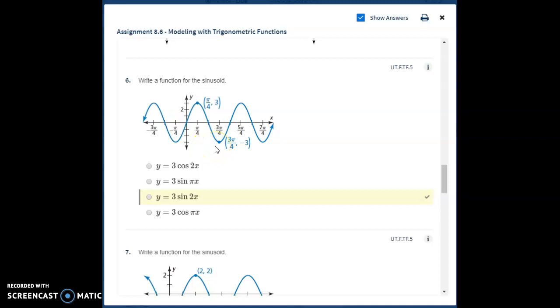Number 6, write a function for this sinusoid. So it starts here at 0, 0, so it's going to be a sine function. It's going to be one of these two here. And it has an amplitude of 3, so it is going to have the 3 in front of it.